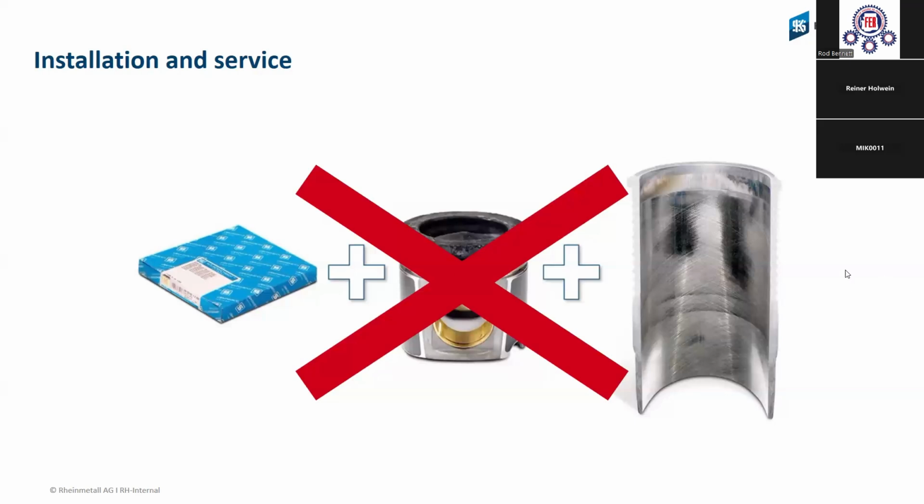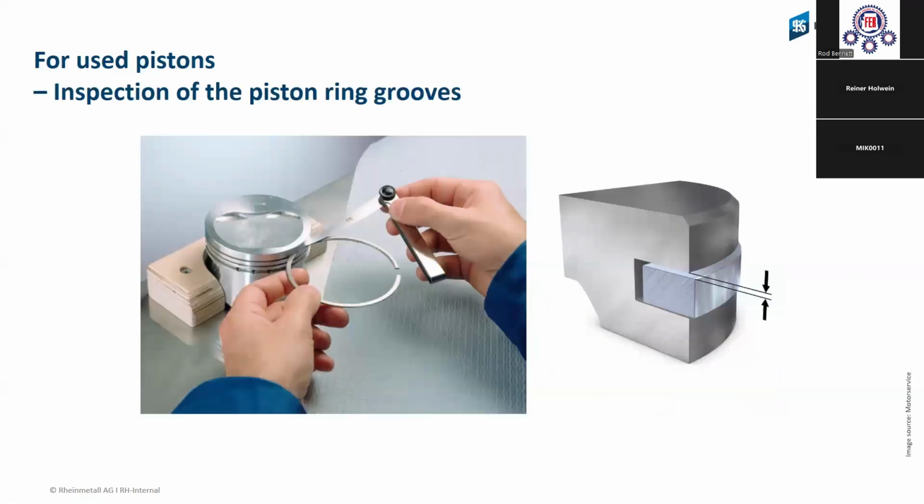This is also why you must check the old piston when you clean it up. When you clean it up, you must look at the piston ring groove, the clearance. Is it too much or not? Is it necessary to also change the piston, or is it enough to change only the piston rings?